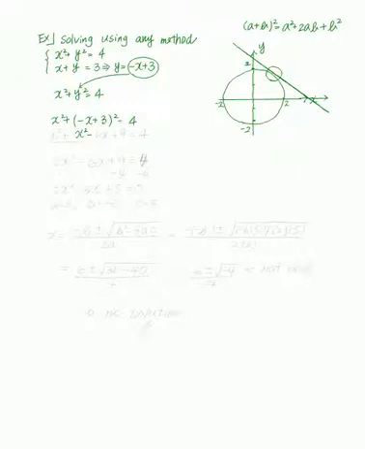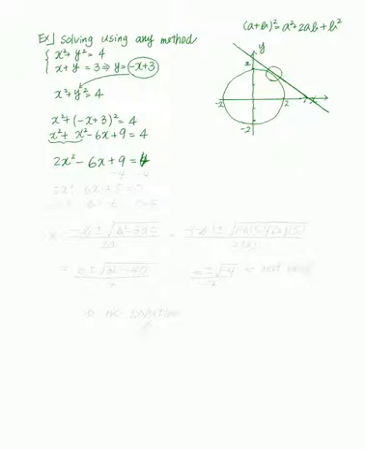Applying that rule, I end up with x squared plus x squared minus 6x plus 9 equals 4. Combining up my like terms, I get 2x squared minus 6x plus 9 equals 4.